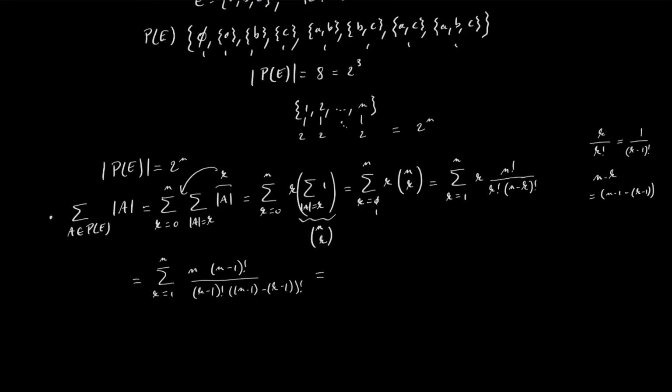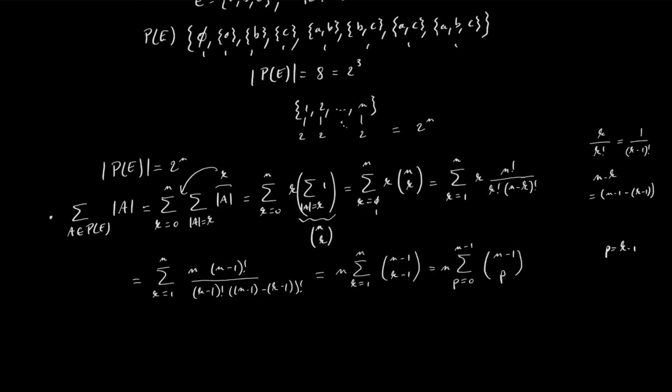So this is equal to n multiplied by the sum from k equals 1 to n of n minus 1 choose k minus 1. Here what we can do is to use the change of index p equals k minus 1, and we have n times the sum from p equals 0 to n minus 1 of n minus 1 choose p.